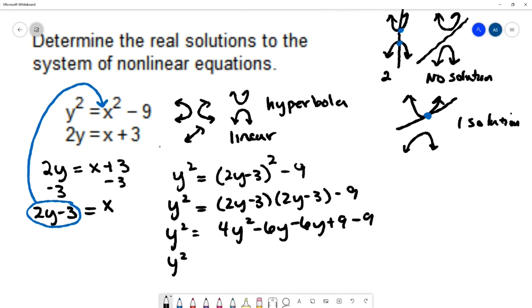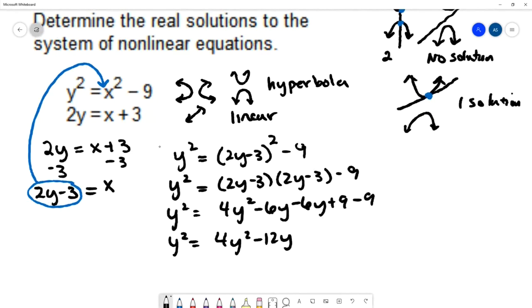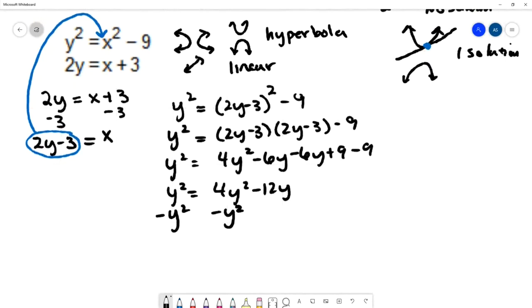And we get y squared equals 4y squared minus 12y. We're combining like terms. And let's move all the terms to the same side. So if we move all those terms to the same side, I'll subtract y squared. And that gives the equation 0 equals 3y squared minus 12y.